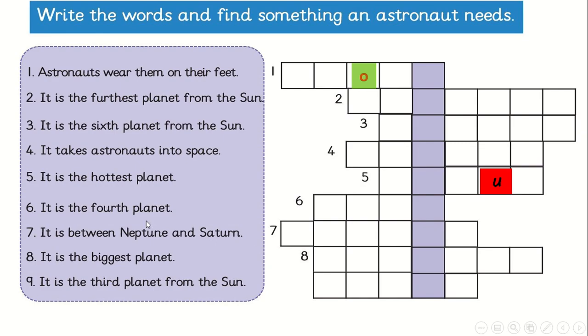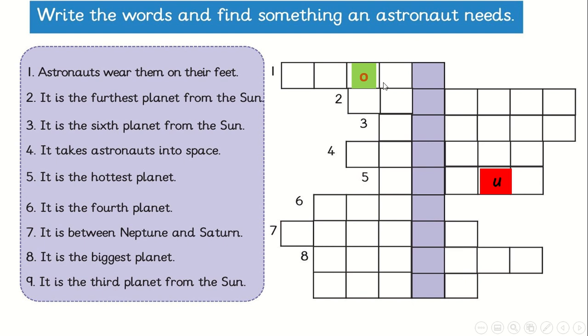Now the last task for today. Here we are going to write the words and find something an astronaut needs. Okay, let's read. Astronauts wear them on their feet. What is it, my students?